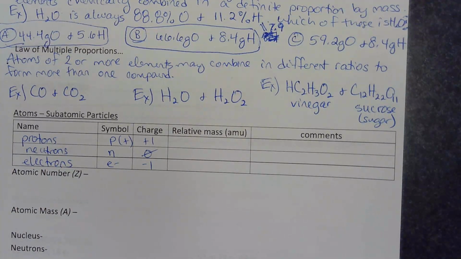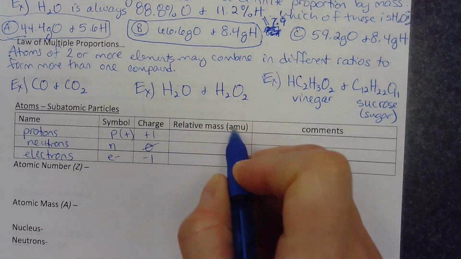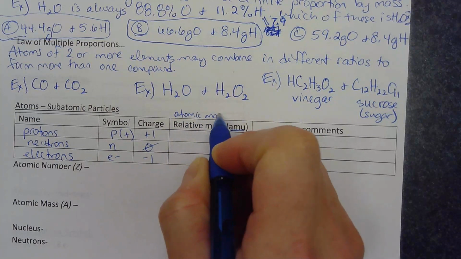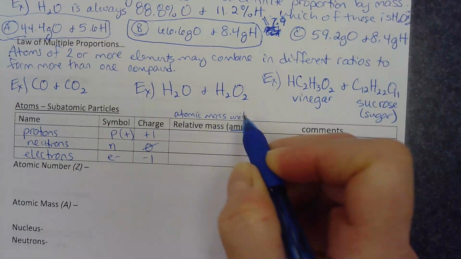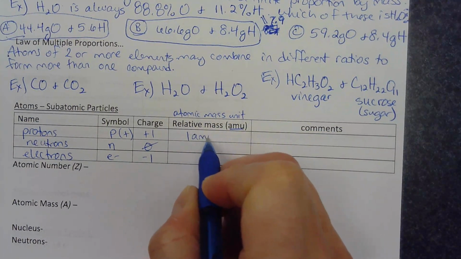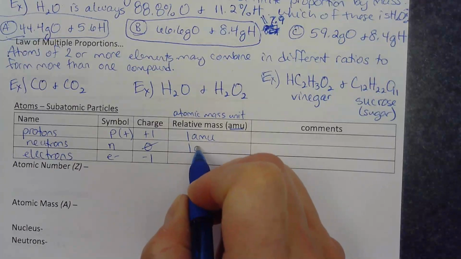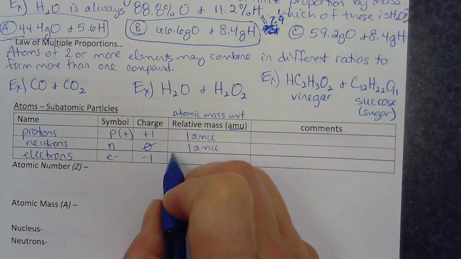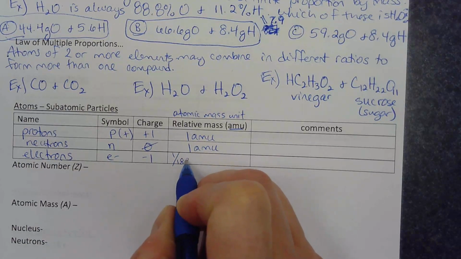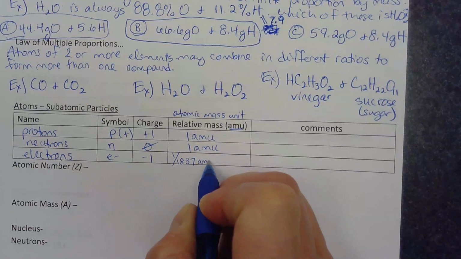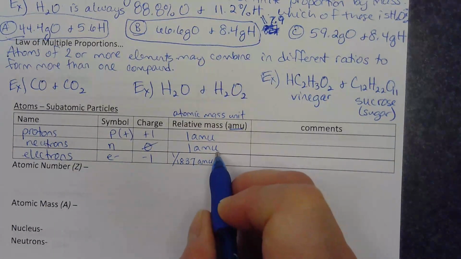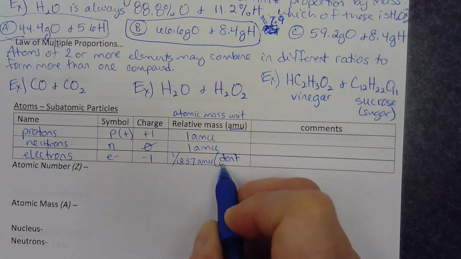The relative mass, and the unit AMU is atomic mass unit. The relative mass is 1 AMU for a proton, 1 AMU for a neutron, and it's actually 1/1837 AMU for an electron, but don't worry.